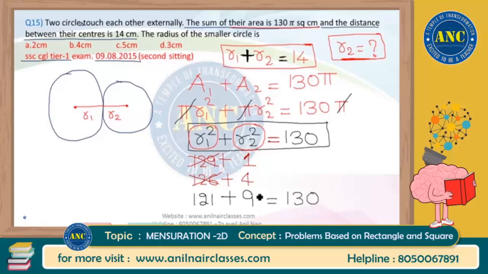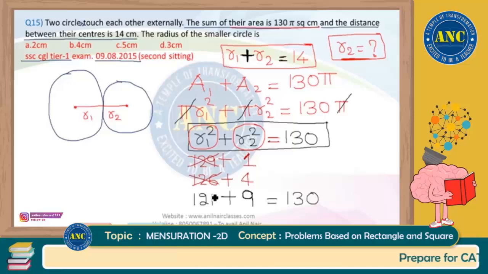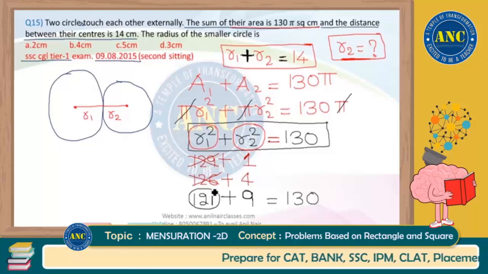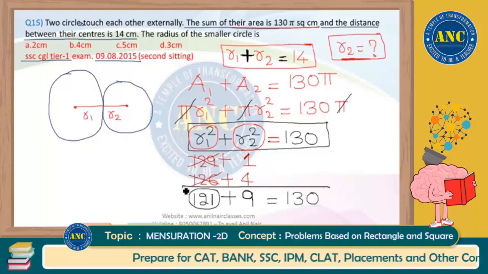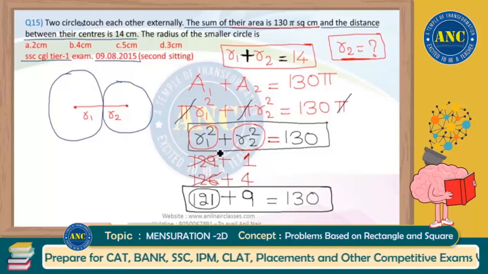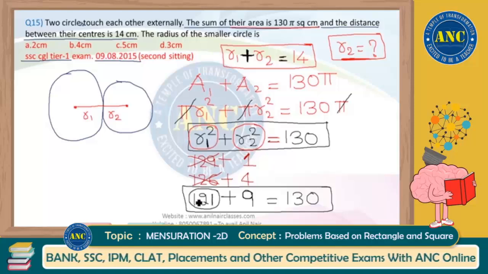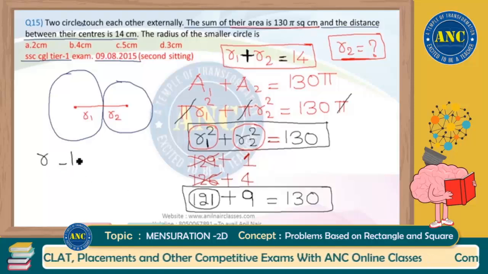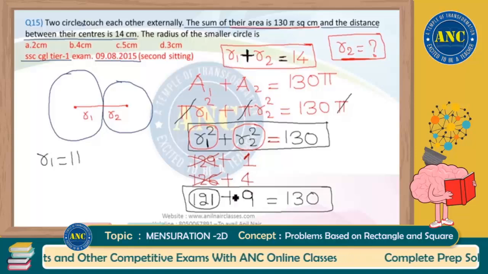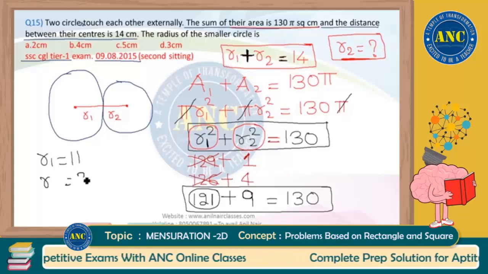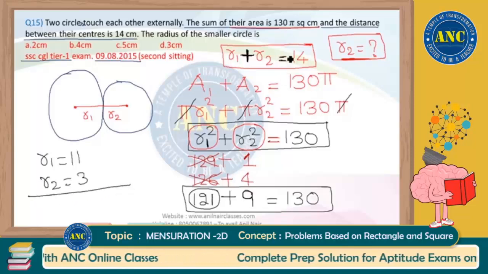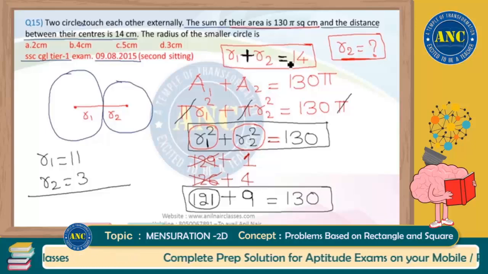Check it out if you want to. 9 is a perfect square. 121 is also a perfect square. 11 square is 121. So this might be a possible case. That means if I take r1 square as 121, r1 will be 11. If I take r2 square as 9, r2 will be 3. And it is said that r1 plus r2 should be equal to 14.